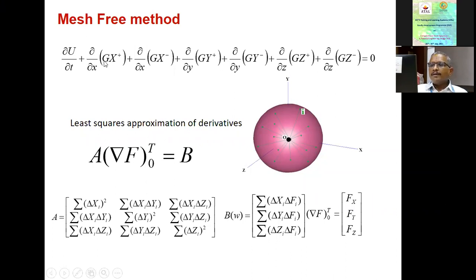That in turn would require us to evaluate these derivatives at each point. Once we are able to get an approximation to these derivatives, then I can march in time for the unsteady term and I'll be able to solve the equation. So this is the approach for mesh-free method. Now we should try to understand how we approximate these derivatives. I'll come back to this slide again after one or two slides.